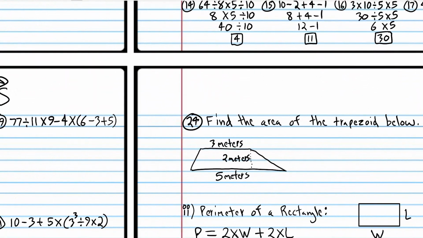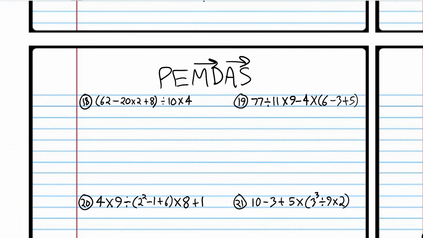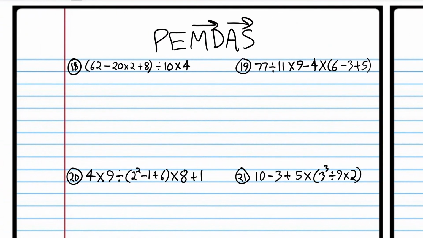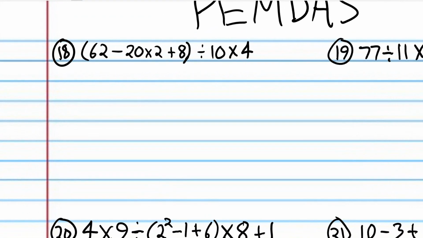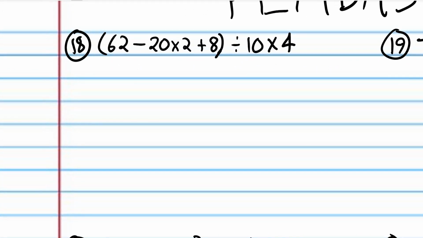All right, so now we're going to use this left to right rule in these next problems, but things are just going to get a little more complicated. We have to do parentheses first. PEMDAS tells us parentheses first. And we have to follow order of operations within the parentheses.